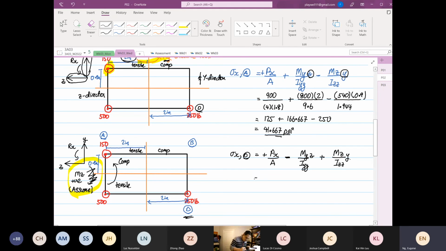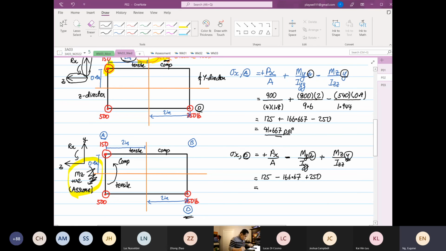And we realize that the Z and Y magnitudes are the same, so all you need to do over here is 125 minus 166.67 plus 250. I just plug in the values because the Z and the Y magnitudes are the same.